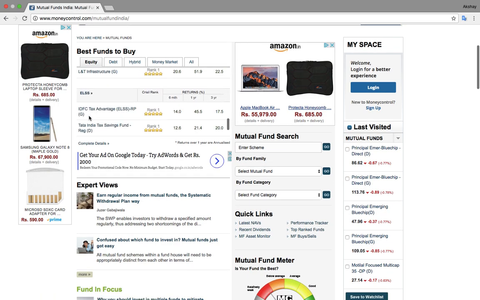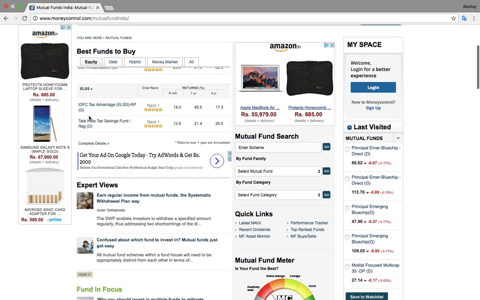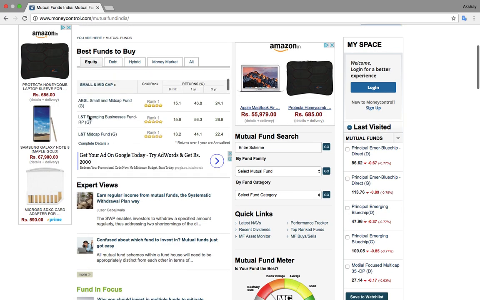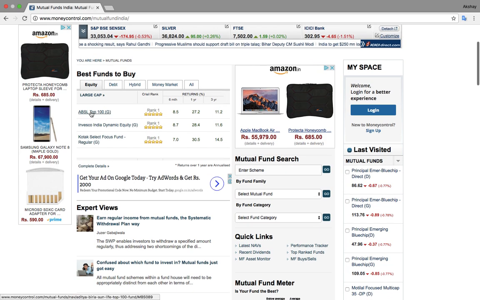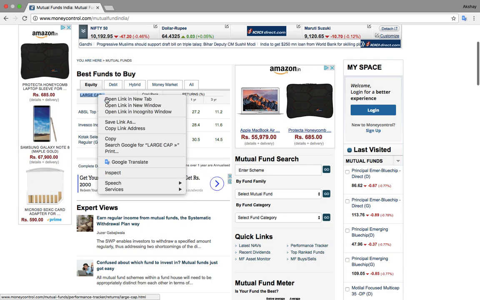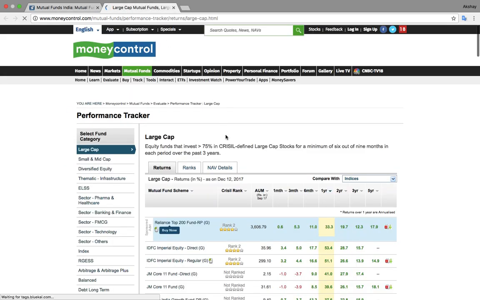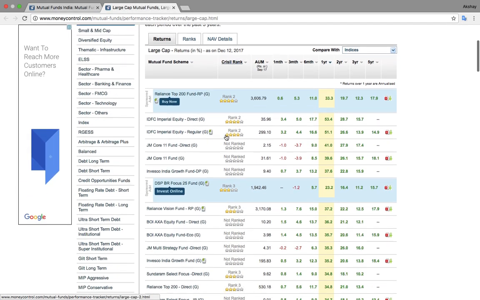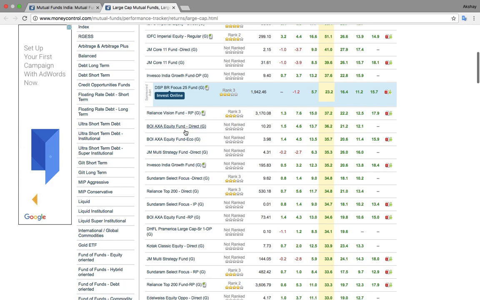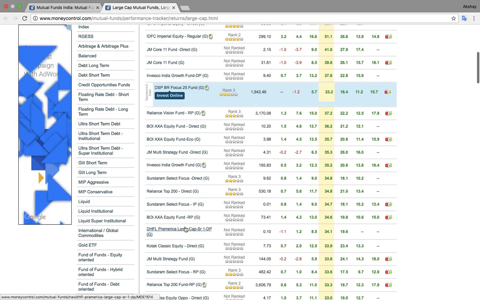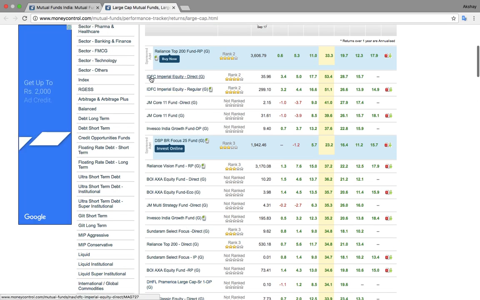Now I'll show you how to read it. See, I'll click on this. See, these are different plans, different mutual fund plans. Generally, first name is name of AMC, then after that the name of the plan. Then if equity is written, that means it is of equity category.